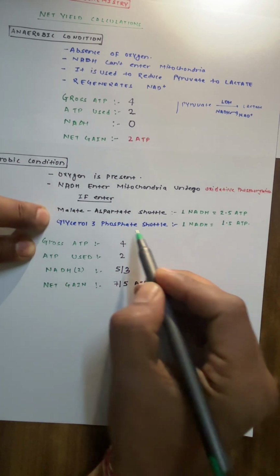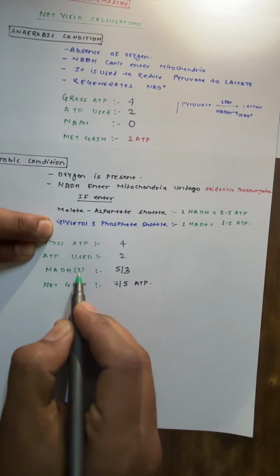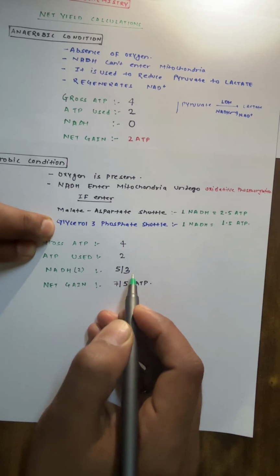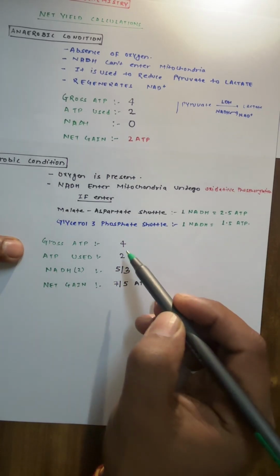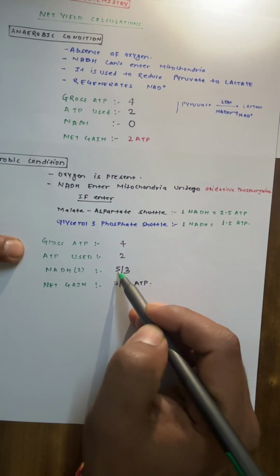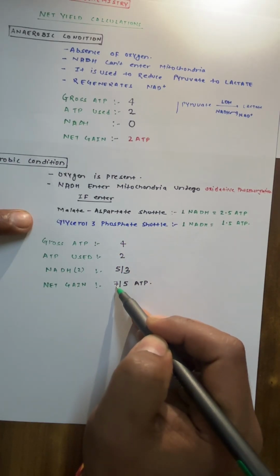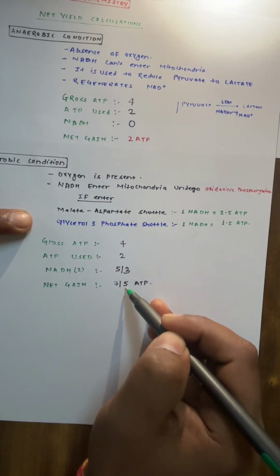If these NADH enter the glycerol 3-phosphate shuttle, then one NADH produces 1.5, which means 2 NADH will produce 3. Now how many ATP in total? So 4 minus 2, and if it enters the malate aspartate shuttle, then total ATP will be 7. If it enters the glycerol 3-phosphate shuttle, then 5.